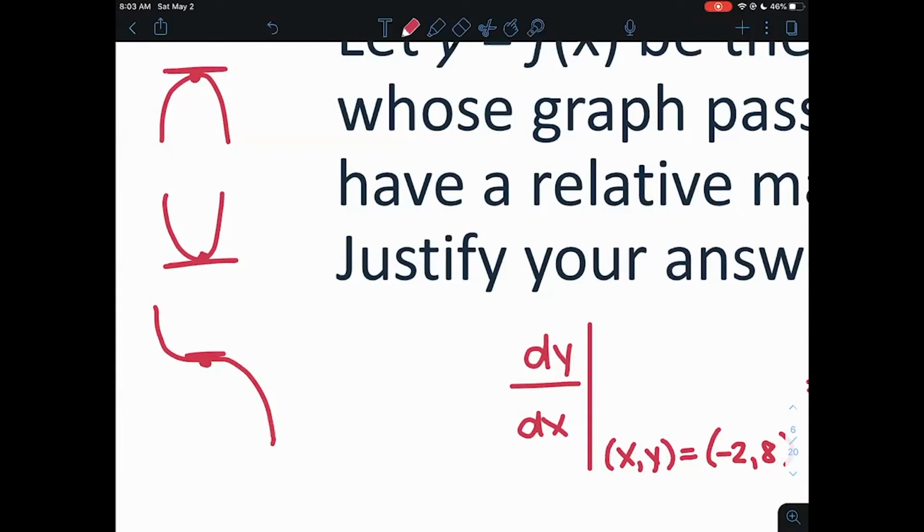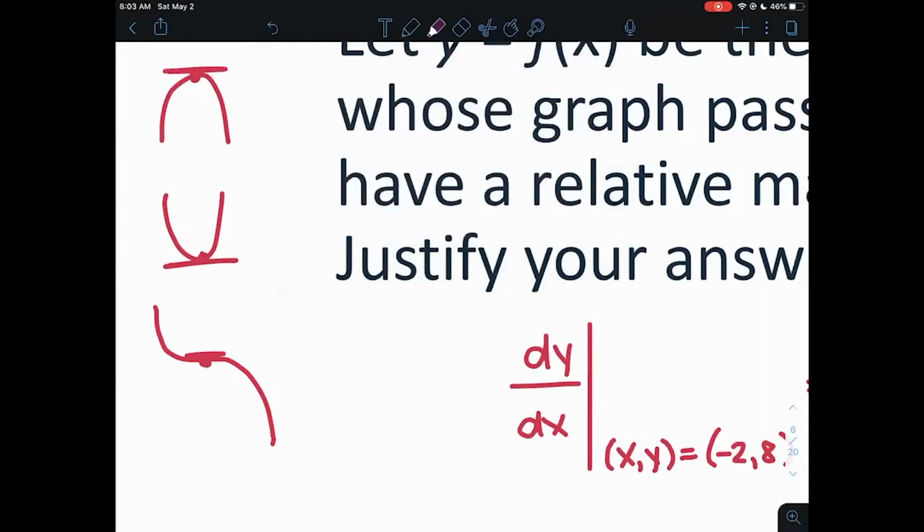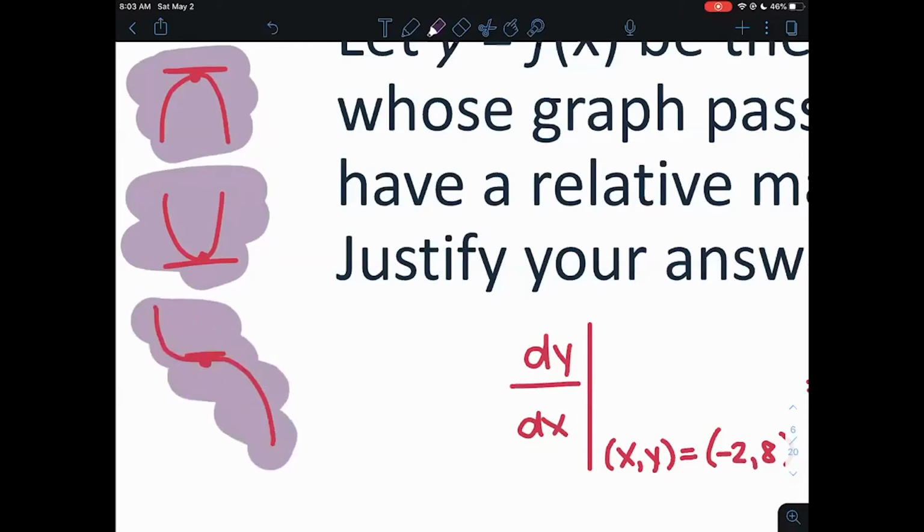The difference between these 3 situations is that the second derivative is different in all of these cases. Here, the second derivative would be negative, our function is concave down. Here, our second derivative would be positive, our function is concave up. And here, our second derivative would be 0, our function is changing concavity. That point -2, 8 is a point of inflection.